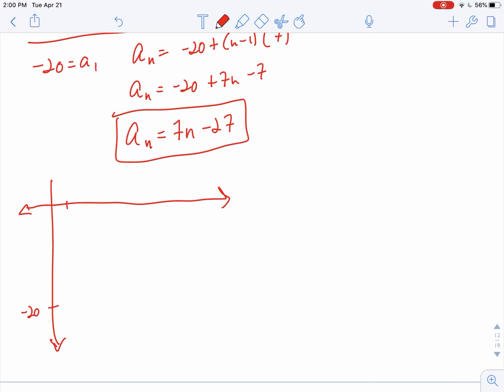So when n is 1, we'd have that number at negative 20, and it's going to go up 7 each time. So negative 13 is where we'd be for the second term. And for the third term, we'd be at negative 6.